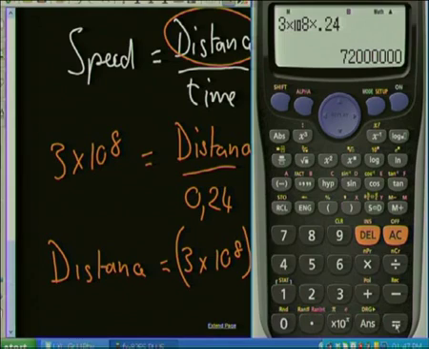And that gives me a really big number. Let's change it to scientific notation, and you can see there it's 72 million meters.